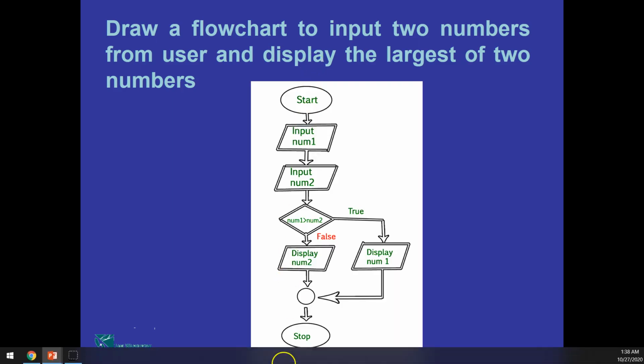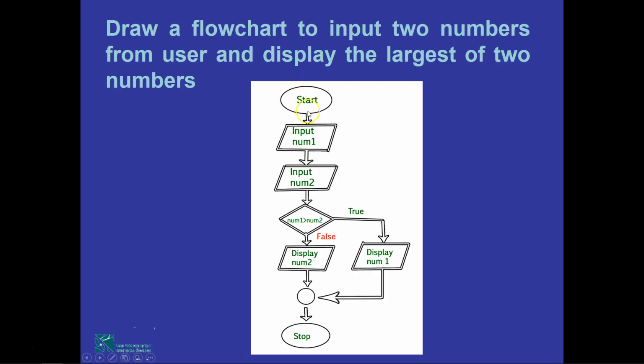So this is the flowchart. It has a start, which is an oval shaped box, so starting the program. Then we use the parallelogram box, which is used to give the instructions: input number 1 and then input number 2. And then here is the decision.